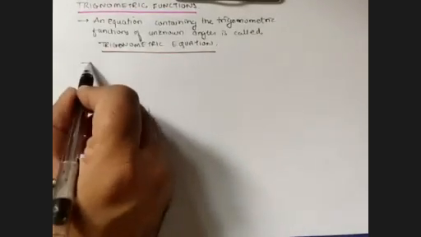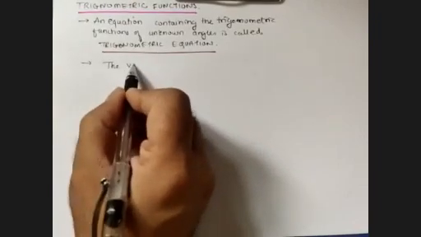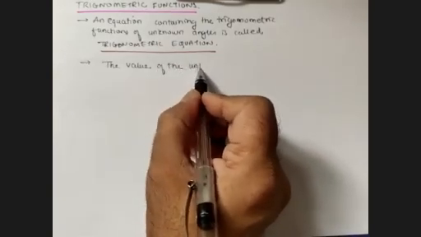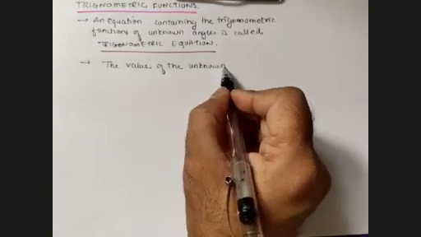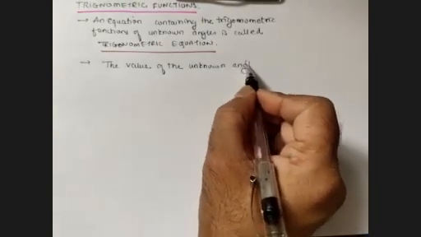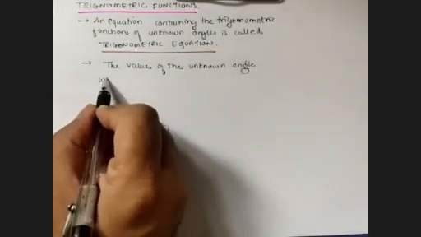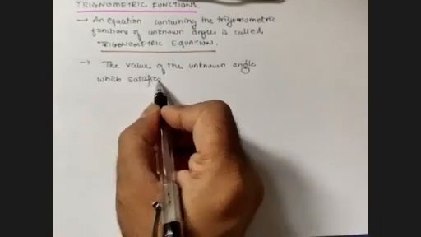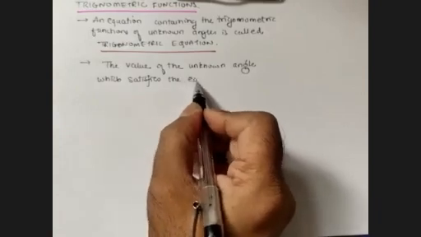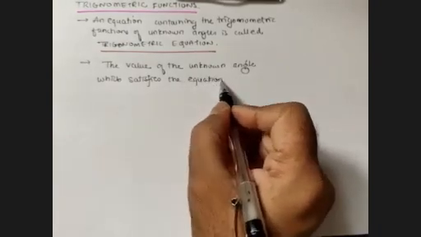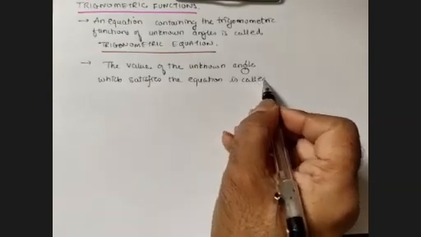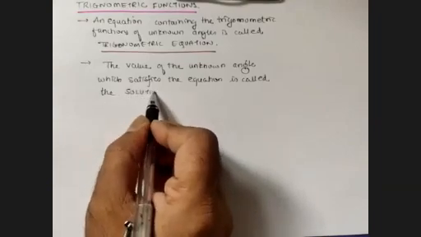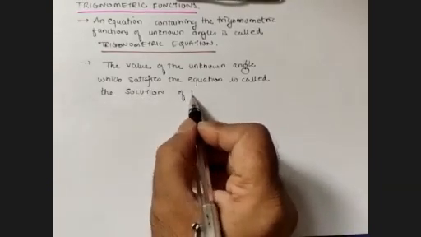The second point: the value of the unknown angle which satisfies the equation is called the solution of the trigonometric equation.